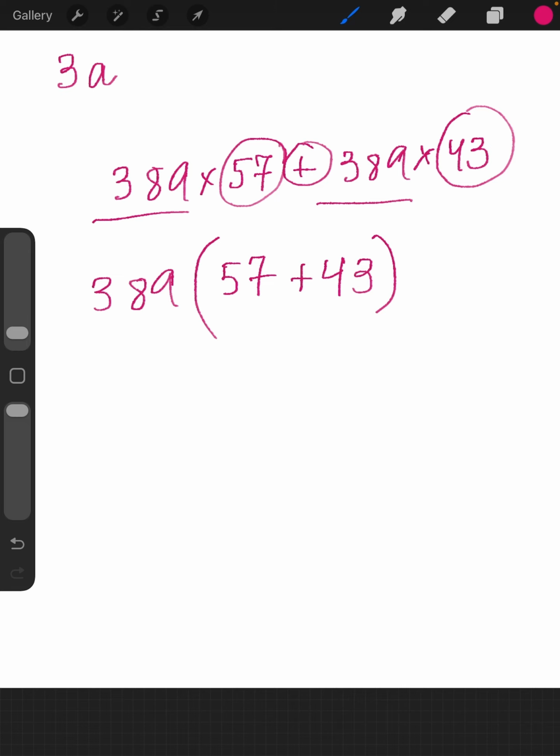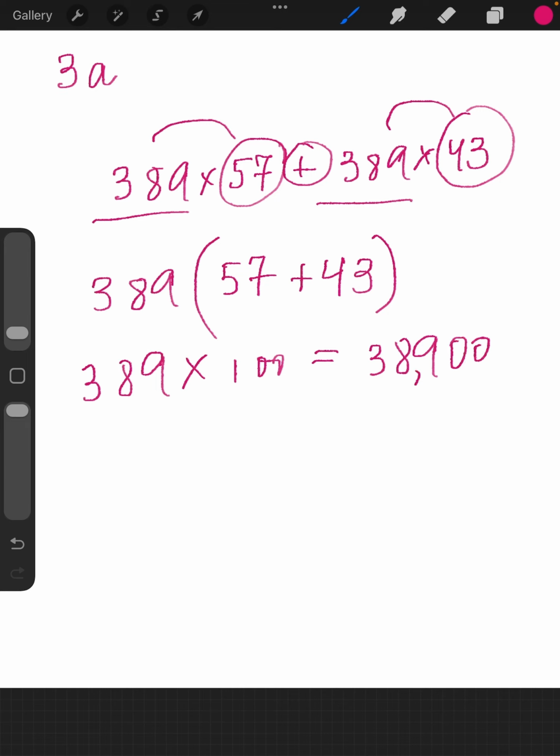It would be so silly to multiply this step by step, right? When what you get here is 389 times 100, right? And then the answer becomes so easy and so obvious. So I hope that all of your math is as simple as this.